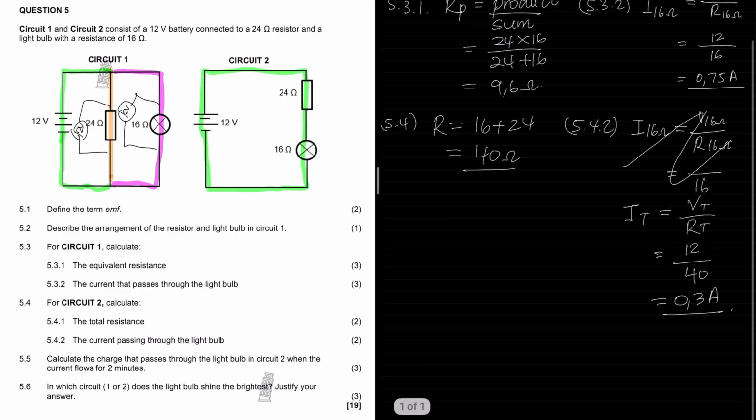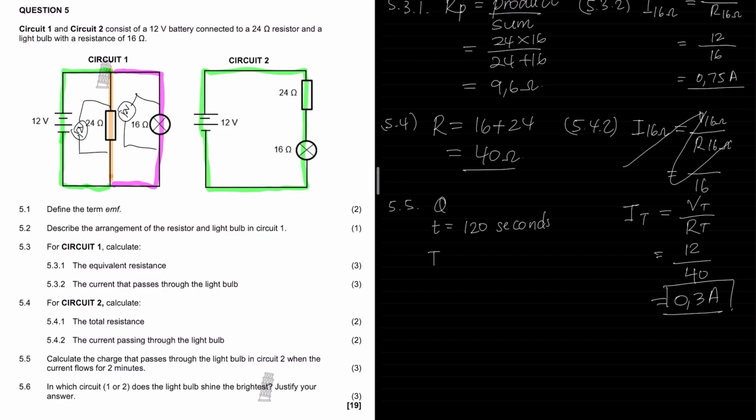Let's move on to question 5.5. Calculate the charge, so Q, that passes through the light bulb in circuit 2 when the current flows for 2 minutes. Now they've given us the time, 2 minutes. Though we can't use 2 minutes, we must use seconds. So 2 minutes is 120 seconds. And we worked out the current, so I is equal to 0.3.